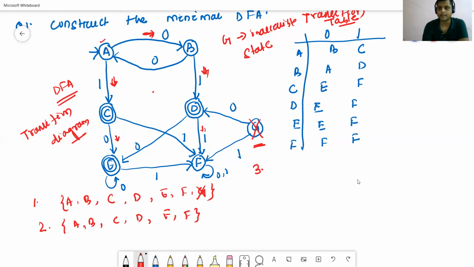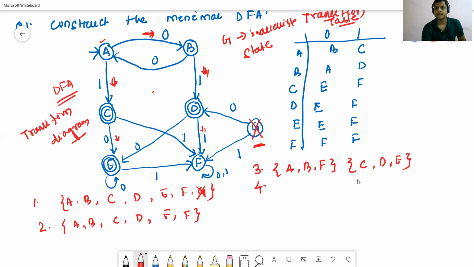The non-final states are A, B, F, and the final states are C, D, E. Now C, D, E is one group. Now we'll try to separate the states A, B, F.